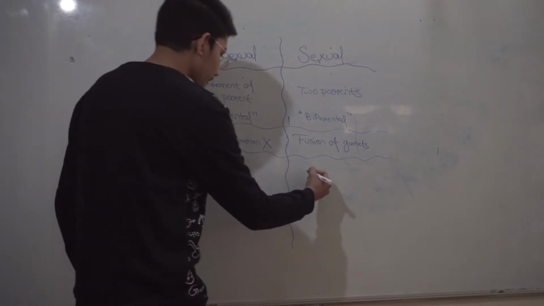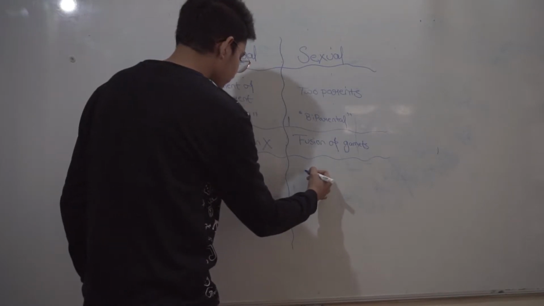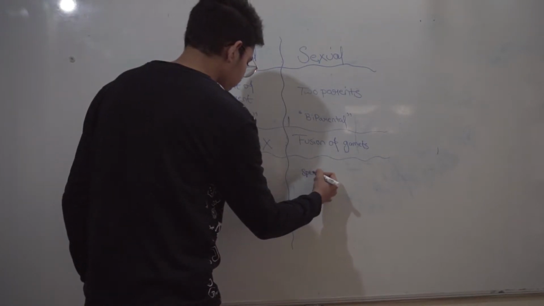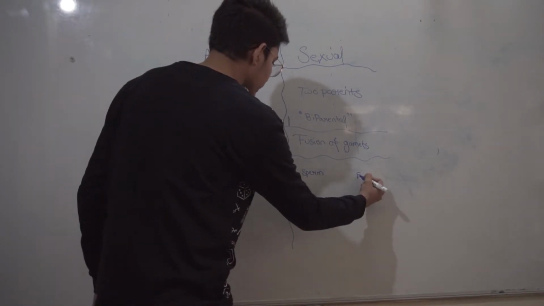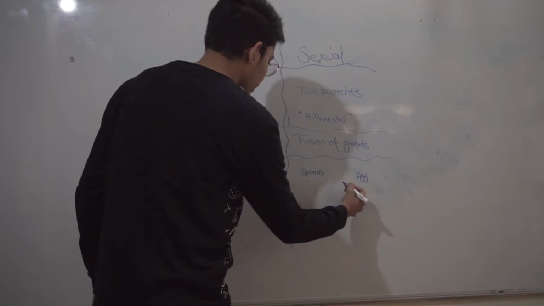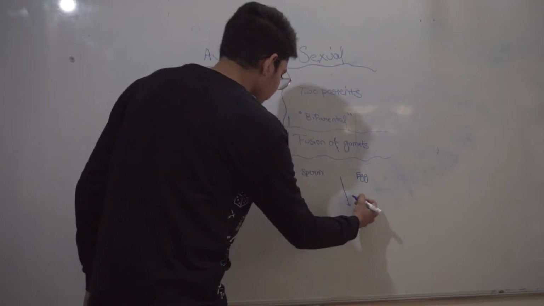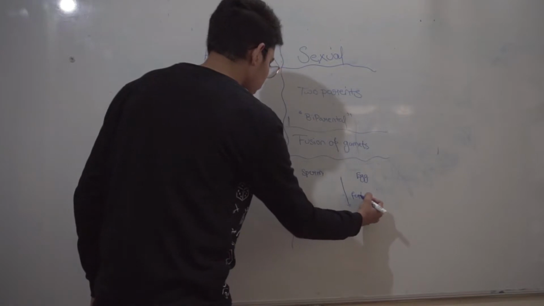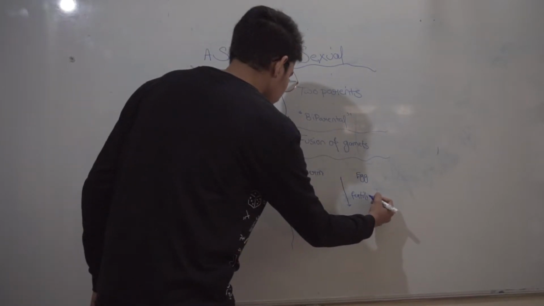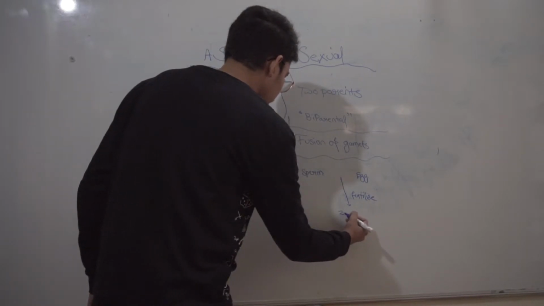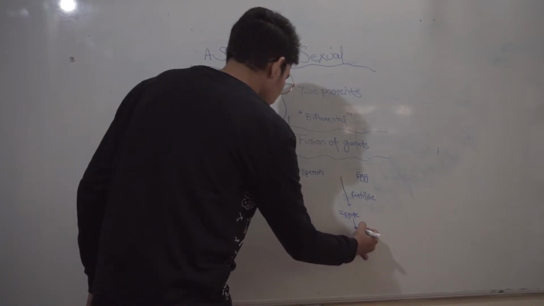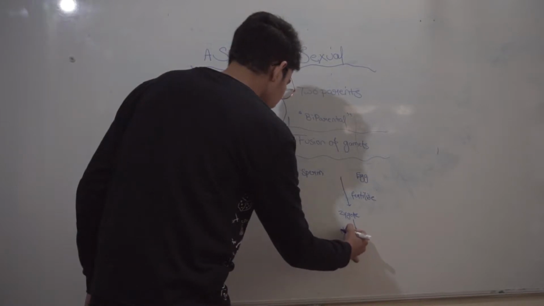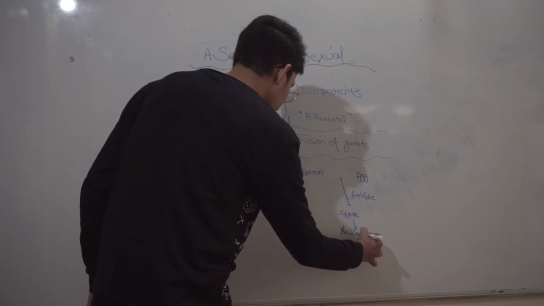So note down here, the male sex cell known as sperm fuses with the female sex cell known as egg. When it fertilizes, the zygote forms, through which there is a new individual.